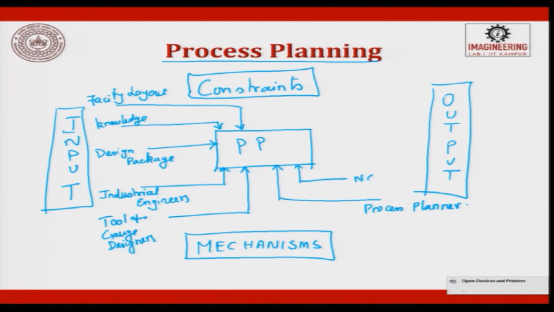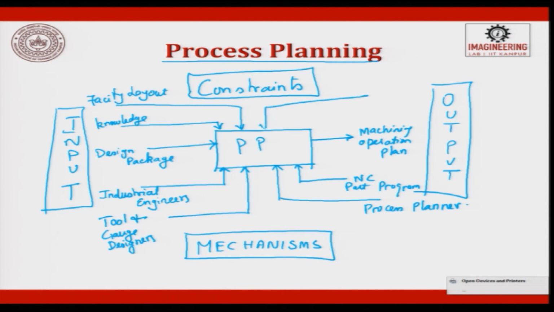He gets input about NC. When we talk about NC part program also, he gets the information, and what he gives out is the machining operations plan. This is what he gives, but you see I have to add some more inputs.